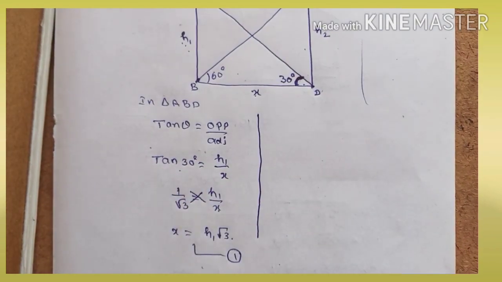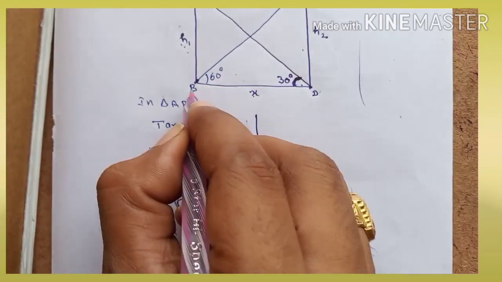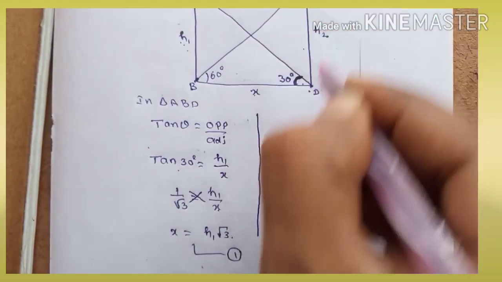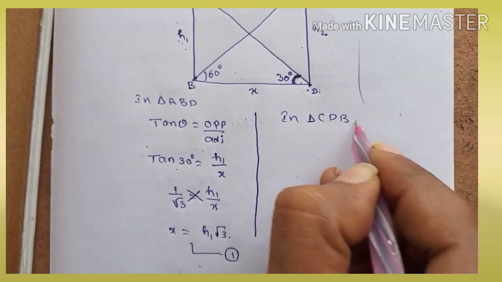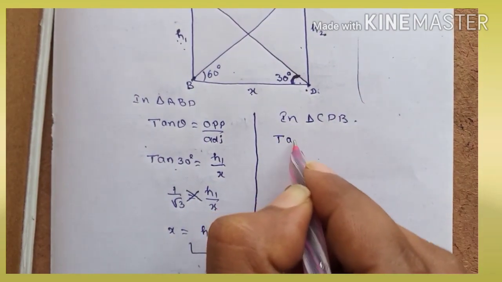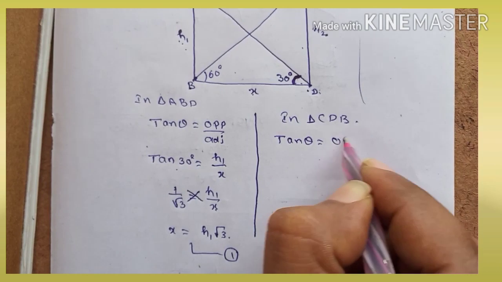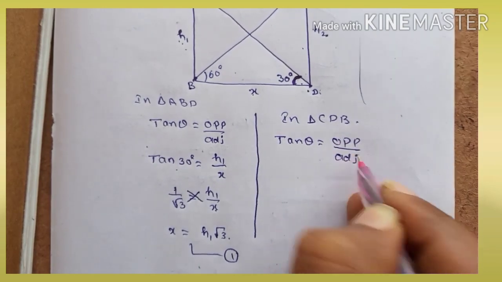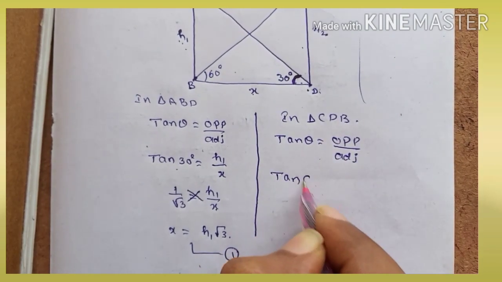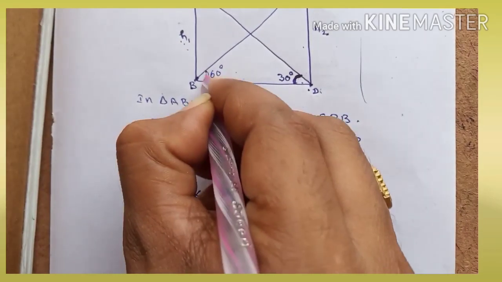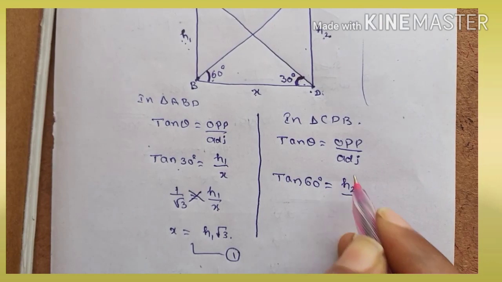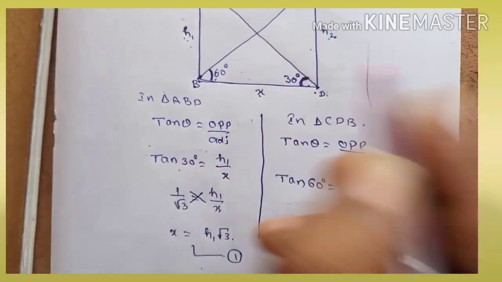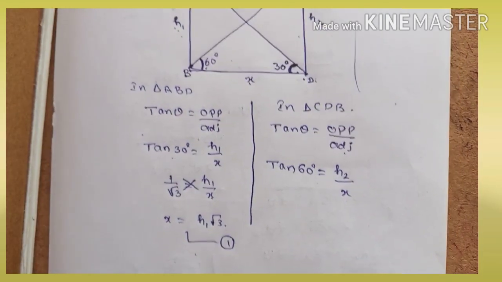Let's go for the second one. Now triangle BDC or CDB. In triangle CDB, you can also apply tan theta equals opposite side by adjacent side. Tan theta for 60 degrees, opposite side is H2, adjacent is as usual X only.